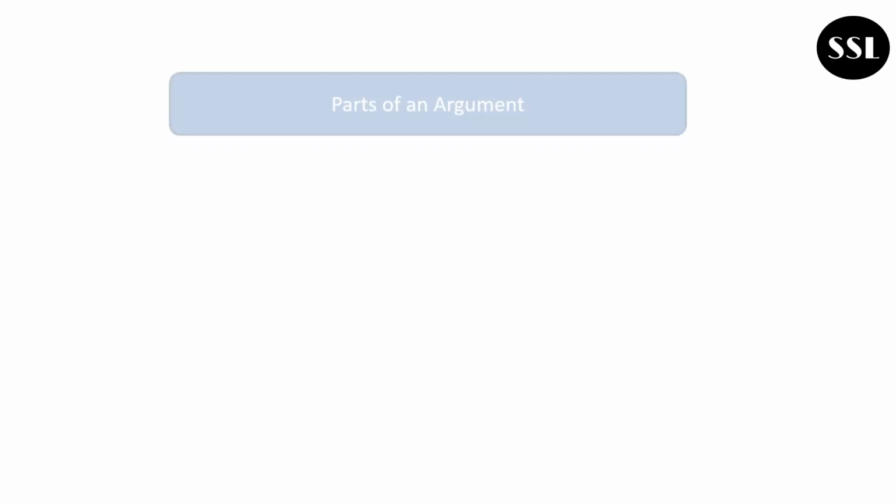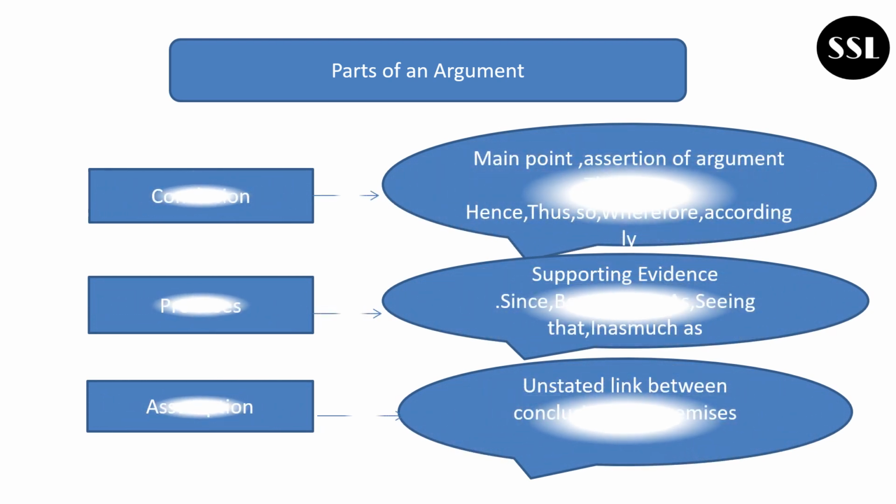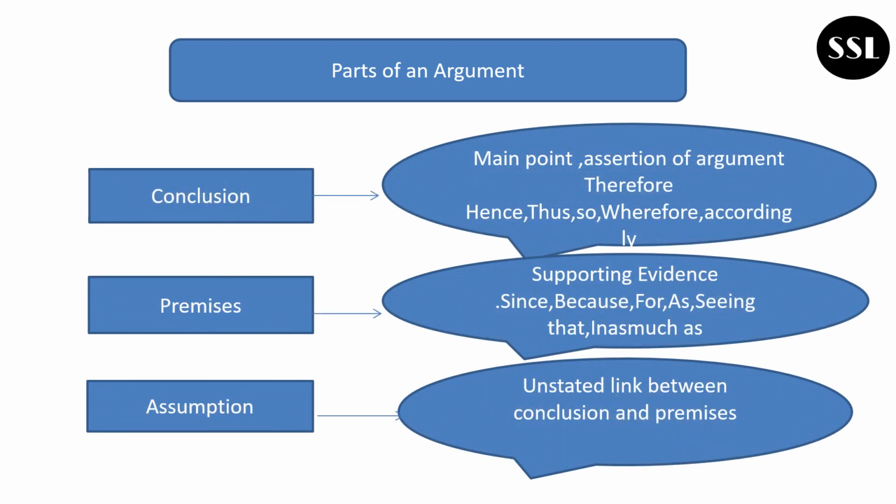Then what is an argument exactly? I already told you that an argument is a set of statements that may or may not be true. It comprises basically 2 elements, the conclusion and the premises. Here conclusion means the main point or the assertion of the argument. It starts with keywords like therefore, hence, thus, so, wherefore, accordingly.